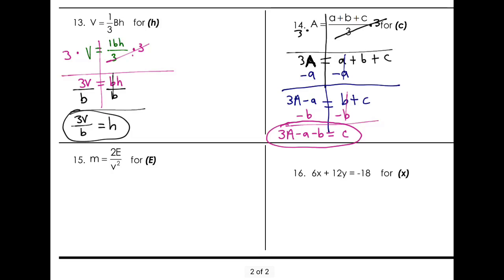Okay. And let me talk you through that, since it was kind of confusing, since I had to go back and make that capital A. All right, so the first thing we did was we multiplied by 3 to get the 3 off the bottom there. Okay, whatever you do on one side has to be done on the other, so we also multiplied 3 on this side. All right, that left us with 3 with a capital A is equal to A plus B plus C. All right, then we took away our little a by subtracting.